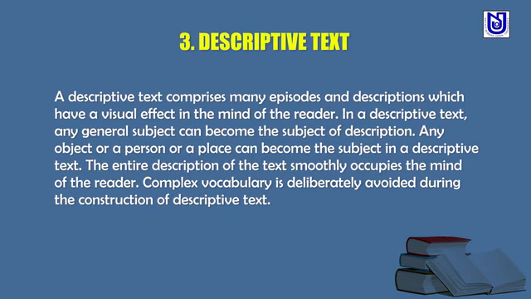In a descriptive text, any general subject can become the subject of description. Any object or a person or a place can become the subject. The entire description smoothly occupies the mind of the reader. Complex vocabulary is deliberately avoided during the construction of descriptive text.